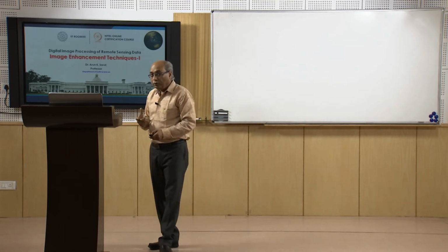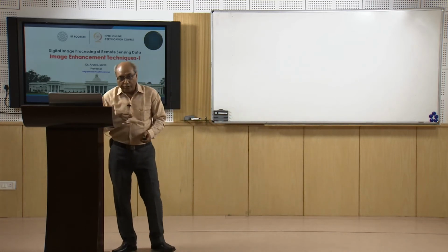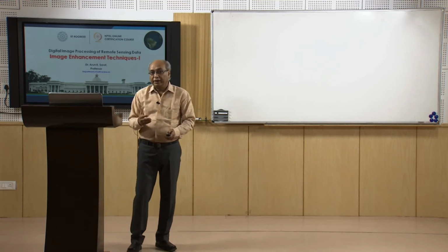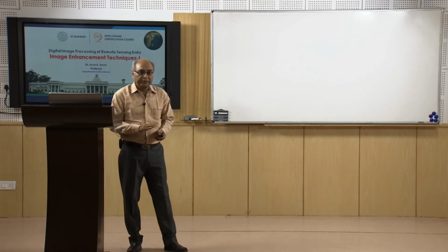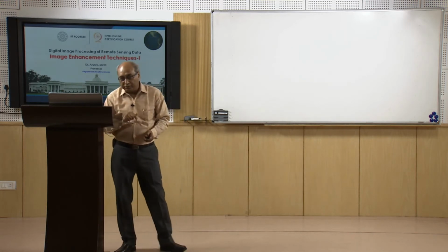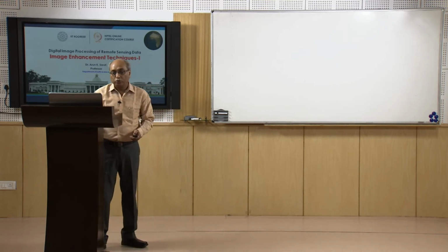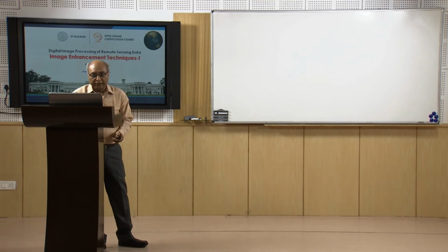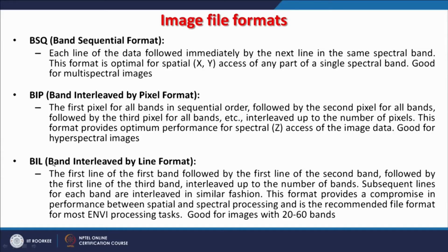This allows us to retrieve the data only for that part of the different bands. So if the number of bands in a sensor is large, then BIP is much better than the other two formats, BSQ and BIL. And the band interleaved by line format is good for images with a moderate number of bands, 20 to 60, rather than 256 as in hyperspectral.